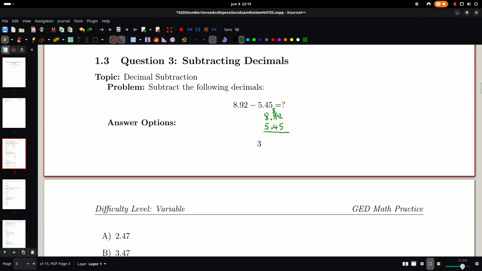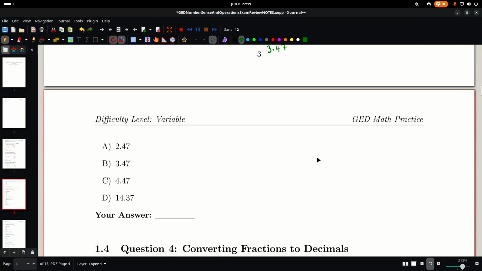So we get a 12 now, and 12 minus 5 gives us 7, and then we have 8 minus 4, which gives us 4, and then we have our decimal place, and then 8 minus 5 is 3. So if we look down at our answers, one of our options is 3.47, so that looks good, so we'll put that in. B is the best option there.